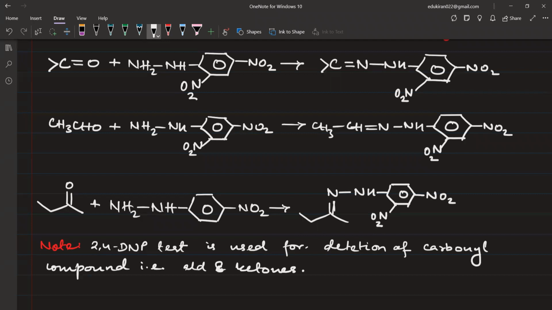So if a compound shows positive 2,4-DNP test, that means you added 2,4-dinitrophenylhydrazine and it gave orange or red PPT. That means that compound is either an aldehyde or a ketone.